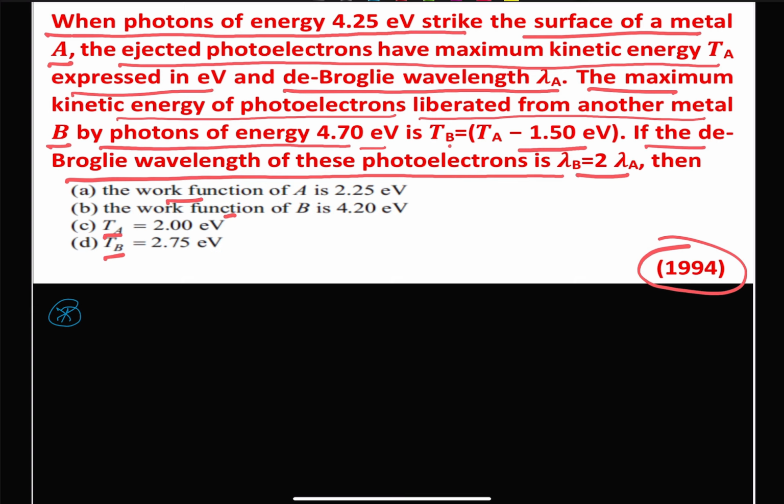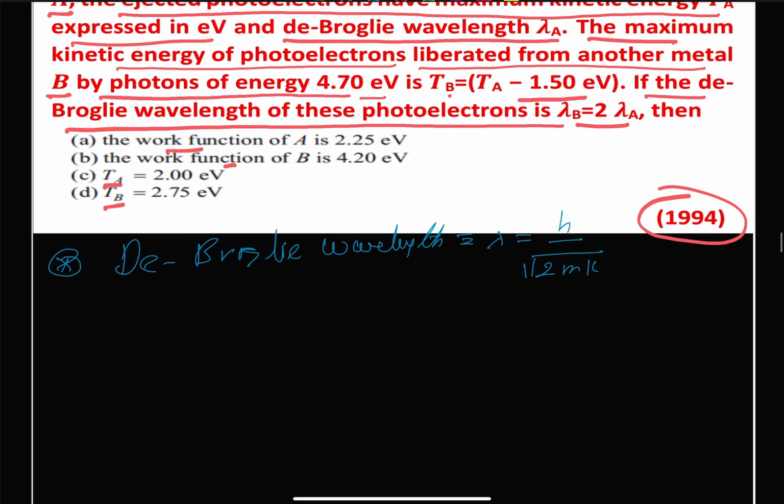So we can say our De-Broglie wavelength, that is our lambda, is equal to h upon 2m square root of k. And from here we can say that our lambda is inversely proportional to square root of k.